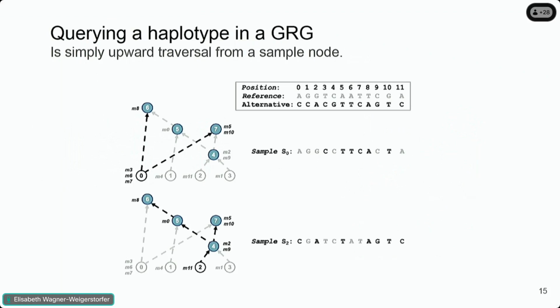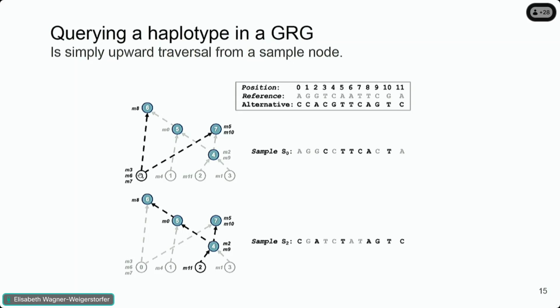So how do we query a haplotype? As I mentioned, these leaf nodes represent a haploid genome, or a haplotype. If we want to know the haplotype at leaf node 0, we simply need to collect all the mutations that are mapped to this particular node. They are singleton variants because they only occur on this leaf node.